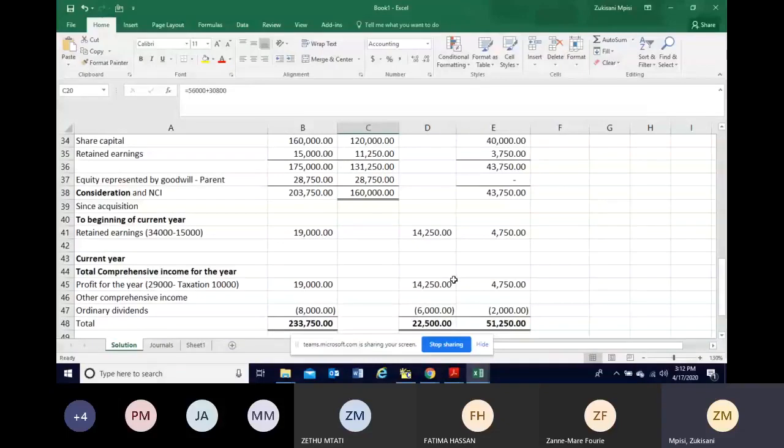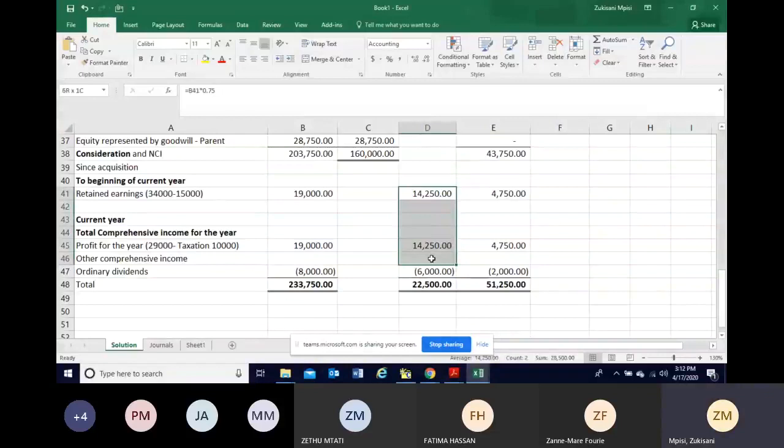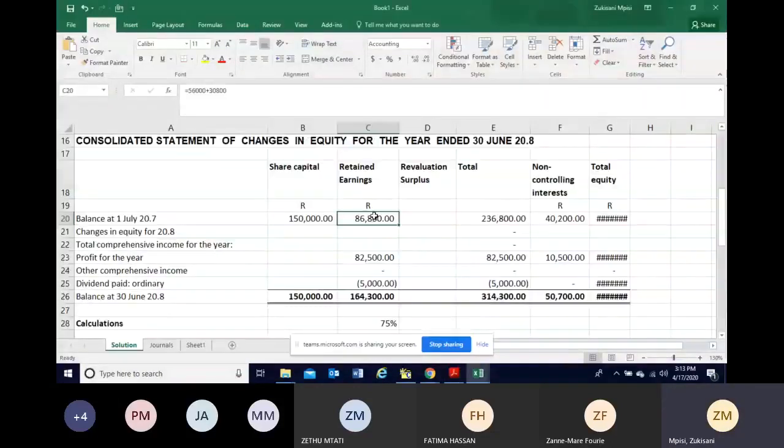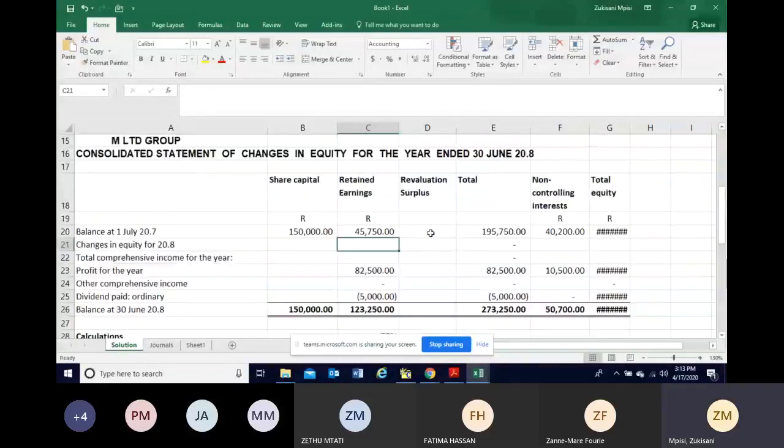So from our analysis of equity, what we're going to be doing for retained earnings is we're going to say 31,500, which is this 31,500 of the parent, plus the retained earnings that we have from the previous year, which gives you 45,750. And then I'm only working on the opening balances.